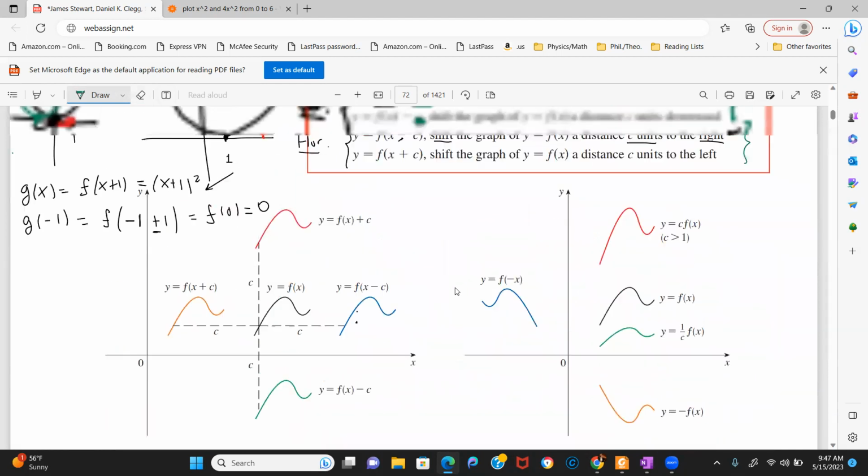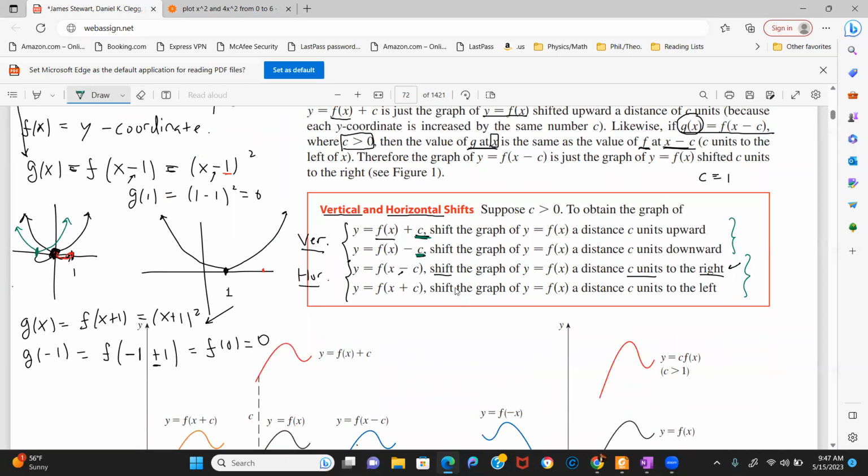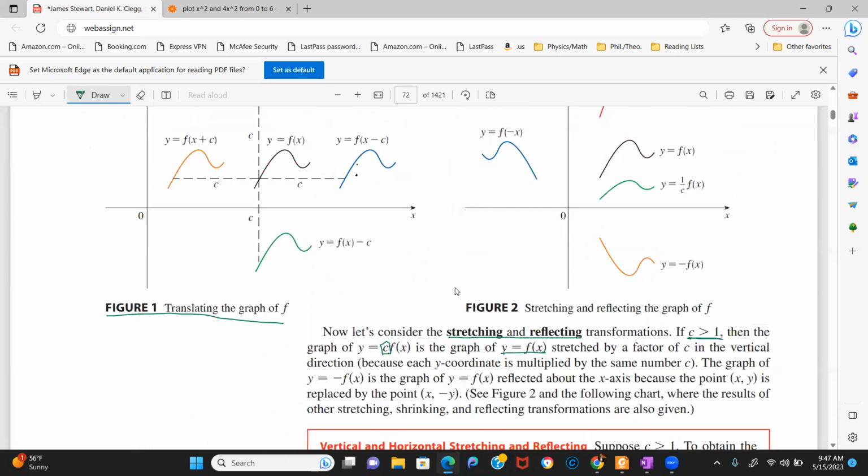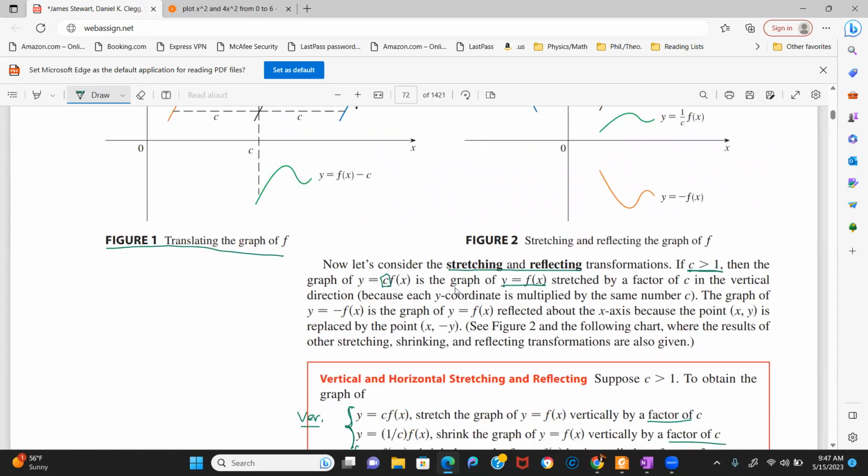We're not increasing them in the same way that we are when we add c, because depending on what the value of f of x is, it will be by a factor of c, so it's increasing not in a uniform way. So this should correspond to some vertical stretch.